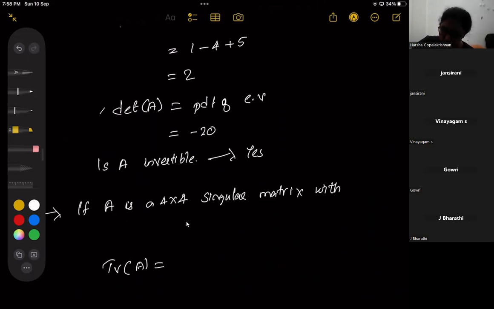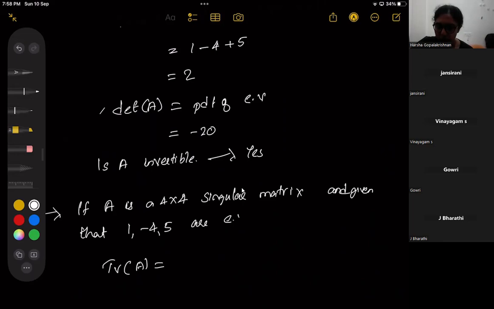Since A is a singular matrix, other than these 3 we have one more eigenvalue, because it is a 4 by 4 matrix and it is singular.